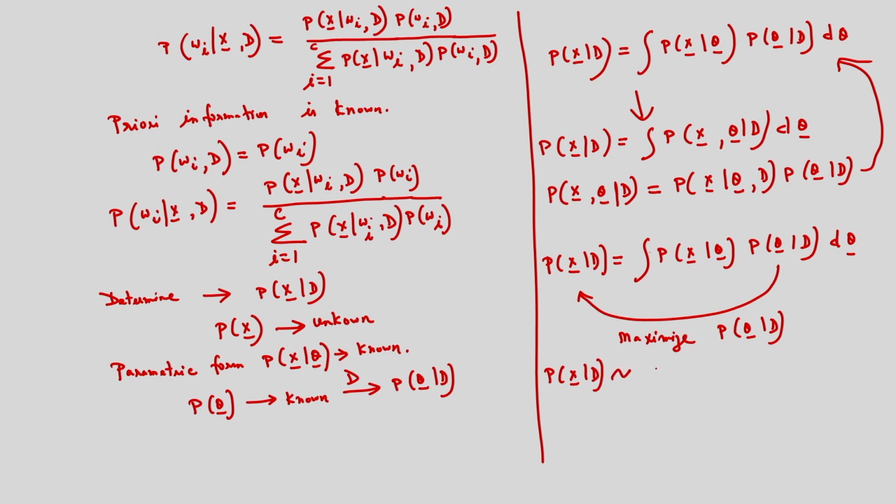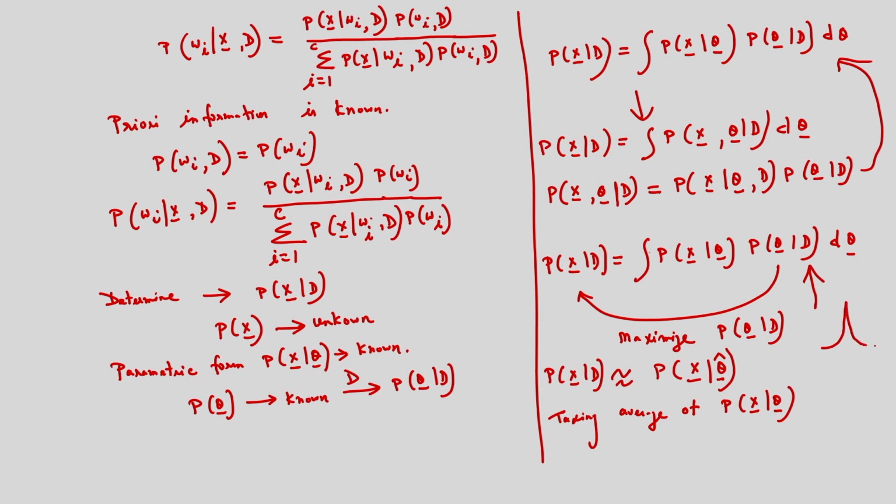In this case the probability of x given D will be approximately equal to probability of x given theta hat, the approximate value of theta, that is the parameter vector. So that means I am taking the average of probability of x given theta, because in this case I have to maximize this.